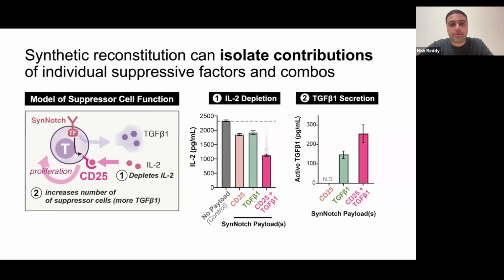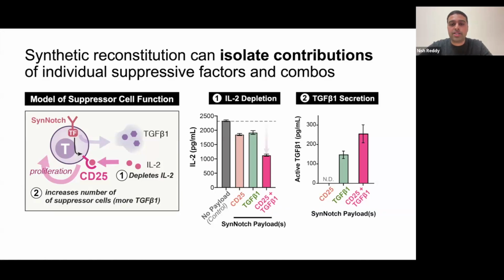So in summary, from this in vitro reconstitution, what we find is that engineered suppressor cells that produce an inhibitory signal like TGF beta and also produce CD25, which is a sink for IL-2 that also acts in promoting suppressor cell expansion, and that these signals can act synergistically to inhibit CAR T cell activity.